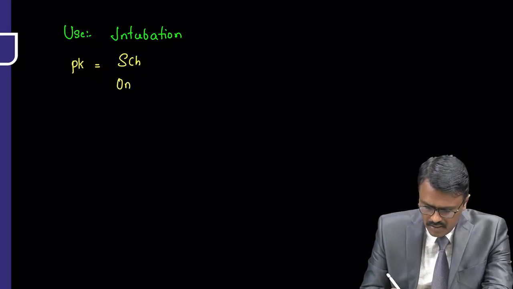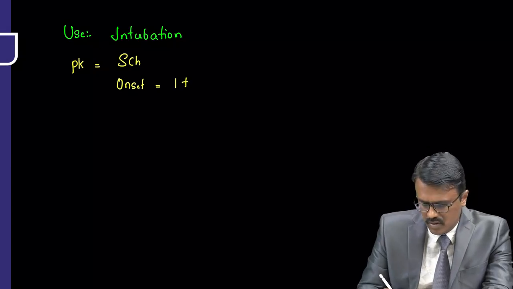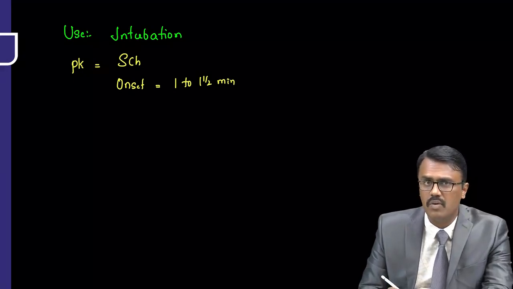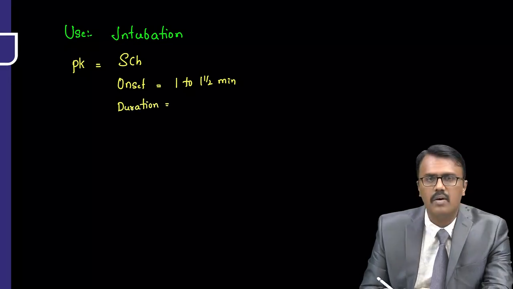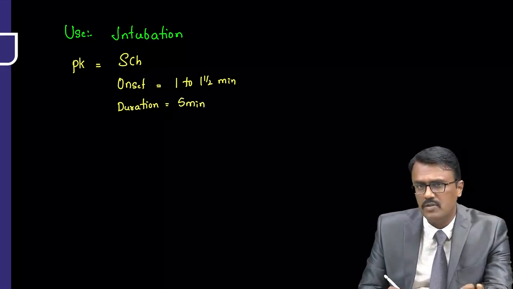The onset of action is very fast. Within 1 to 1.5 minutes, the drug will start working. And how many hours will it work? Not hours. It's working only for minutes. So the duration of action is only 5 minutes. The point here is why it is very short acting.